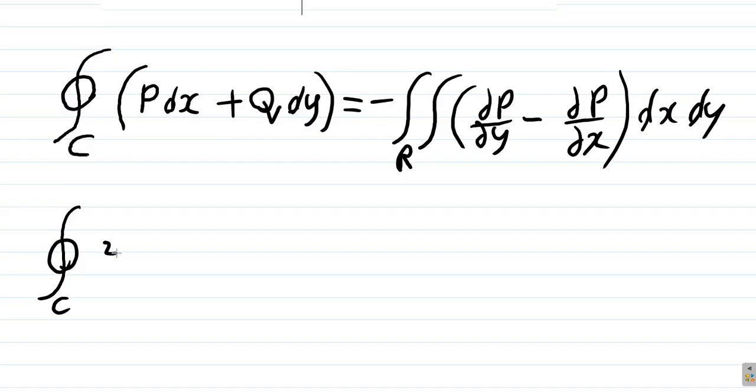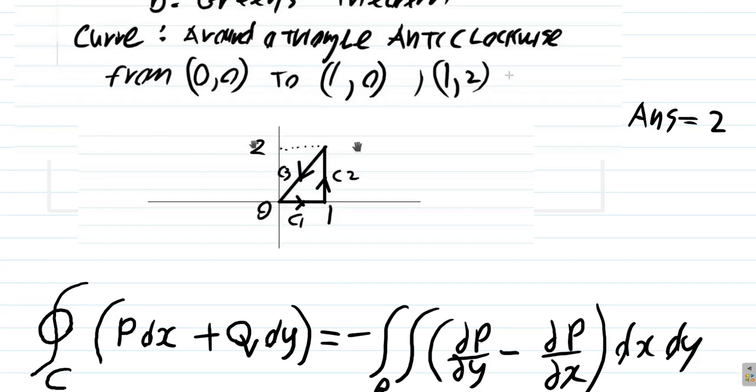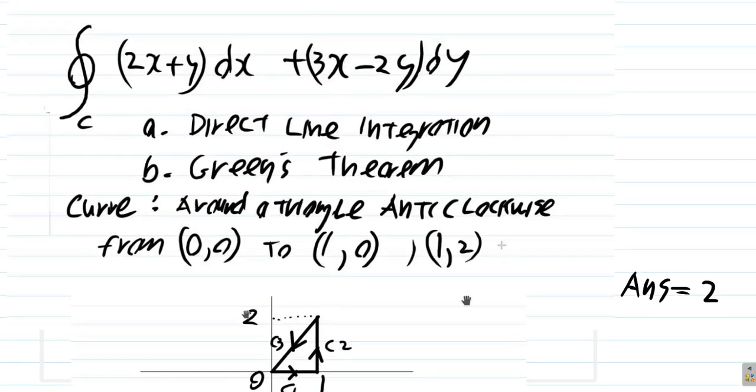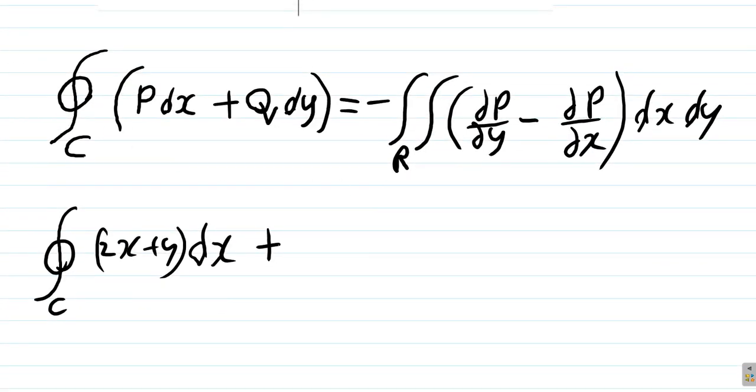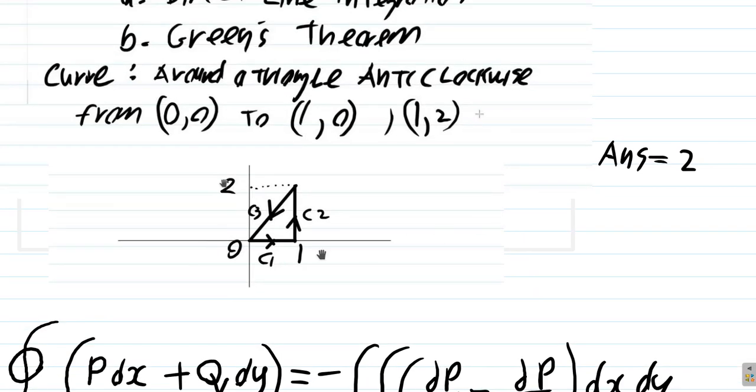So 2x plus y dx, that is the horizontal component of each vector in the vector field, plus 3x minus 2y dy. 3x minus 2y is the vertical component in the vector field. And by the way, remember that when we complete the integration, what we have found is the amount of work done in moving an object.